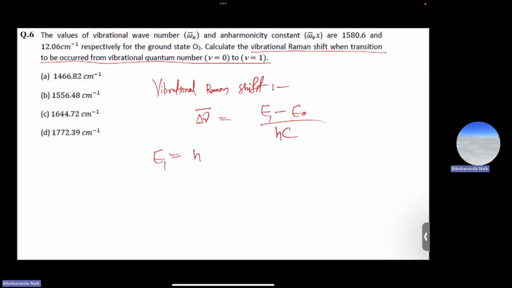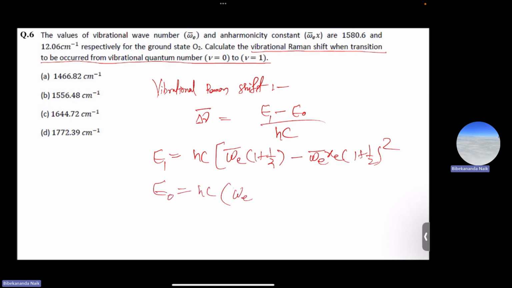E1 is hc omega e (1 plus half) minus omega e xe hc (1 plus half) square. E0 is hc omega e (0 plus half) minus omega e xe hc (0 plus half) square.